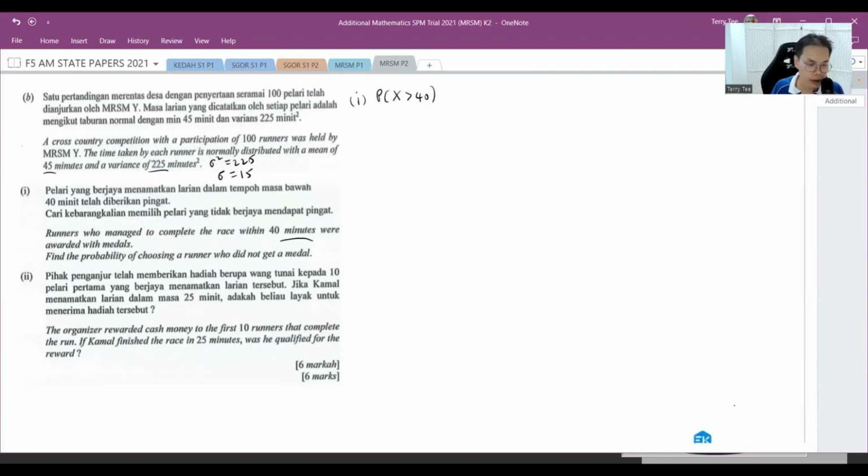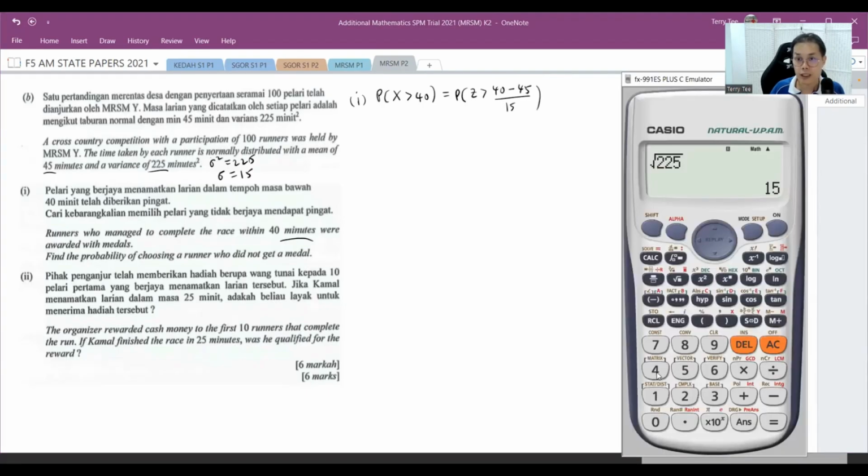So what we can do here is to find the probability of X more than 40. So here, I think we can just use standardization, 40 minus your mean, which is 45 minutes. Standard deviation is 15. So 40 minus 45 is negative 5. 5 over 15 is 1 over 3.